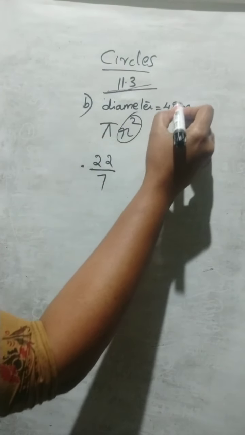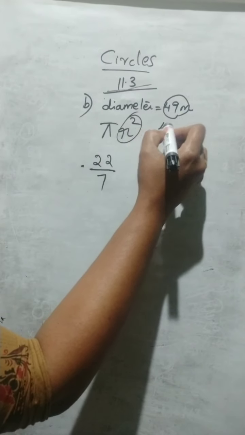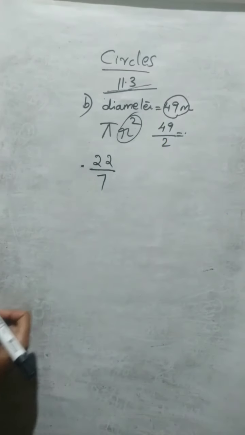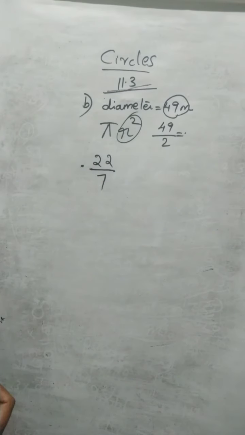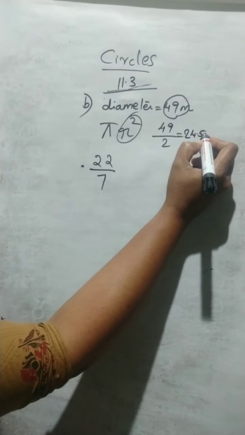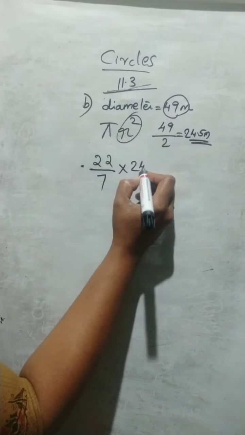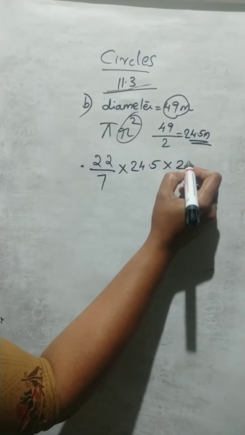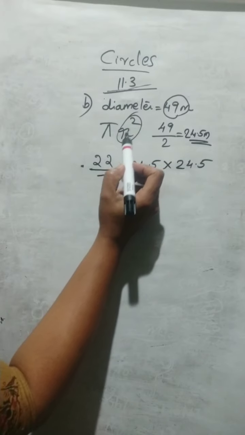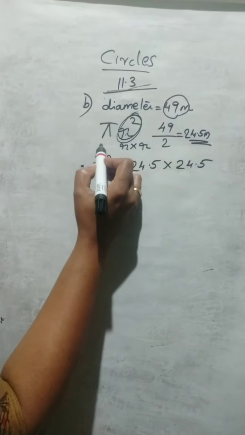So we have to find the half of this 49 to get the radius. 49 by 2 is equal to 24.5 meter. So multiplied by 24.5 times 24.5 by 2 times. Here r square. What is its meaning? R multiplied by r. Okay.